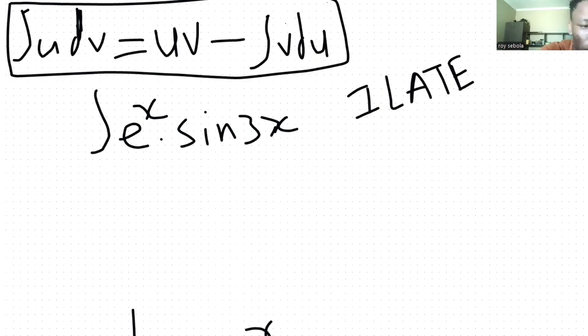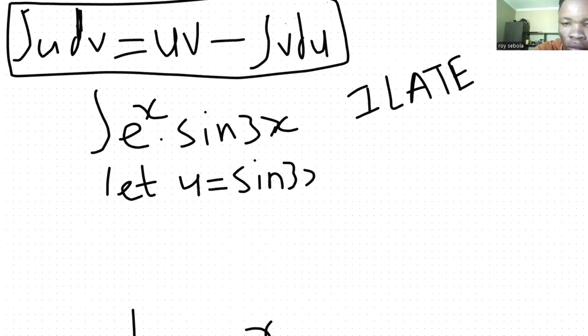So let u be equal to sine 3x. Therefore, dv is equal to e to the x.